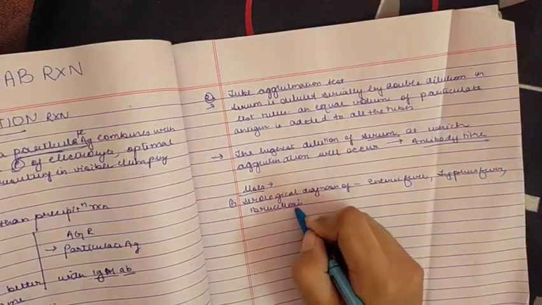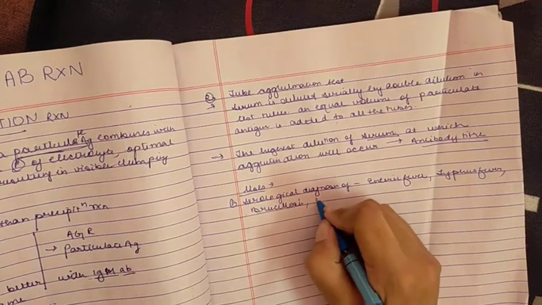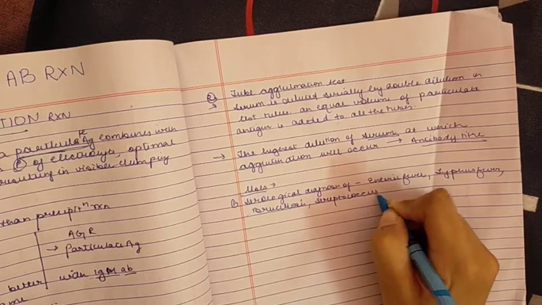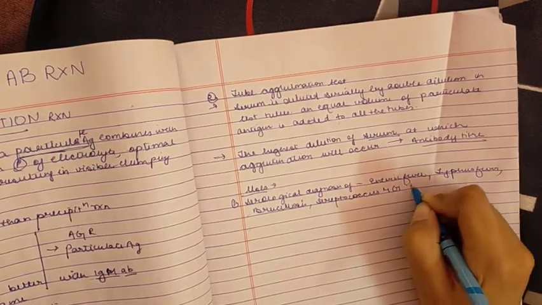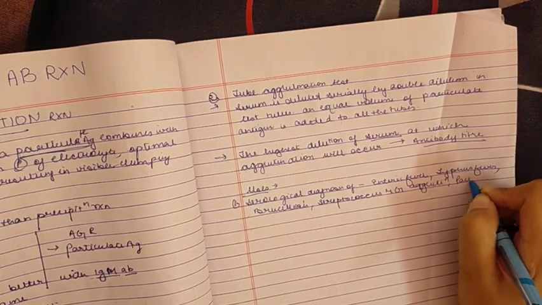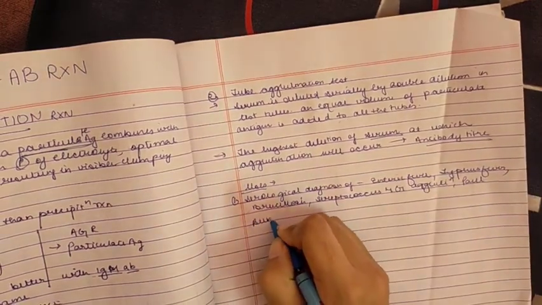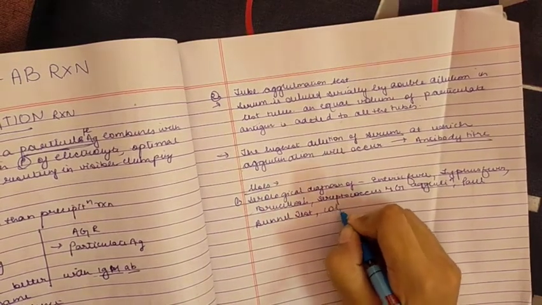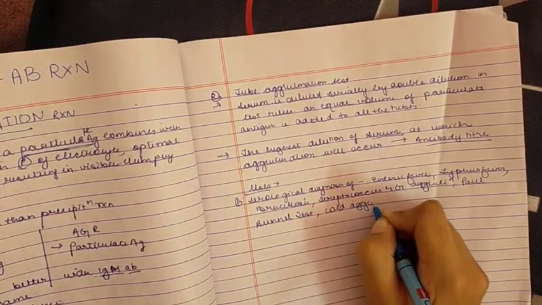However, this test is done in brucellosis. Then we also have the Paul Bunnell test, which will come in future videos, for cold agglutination.